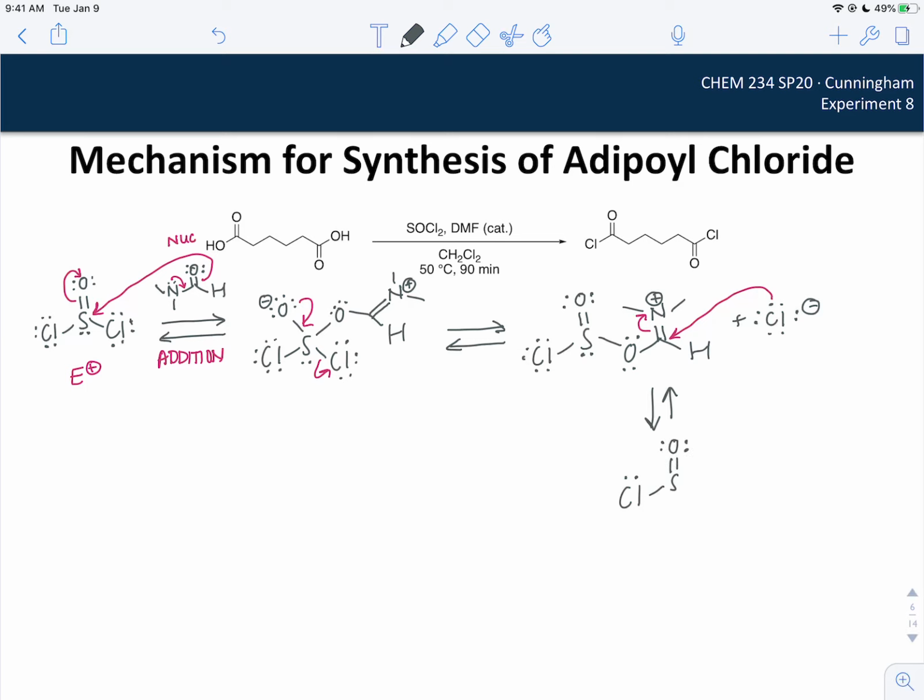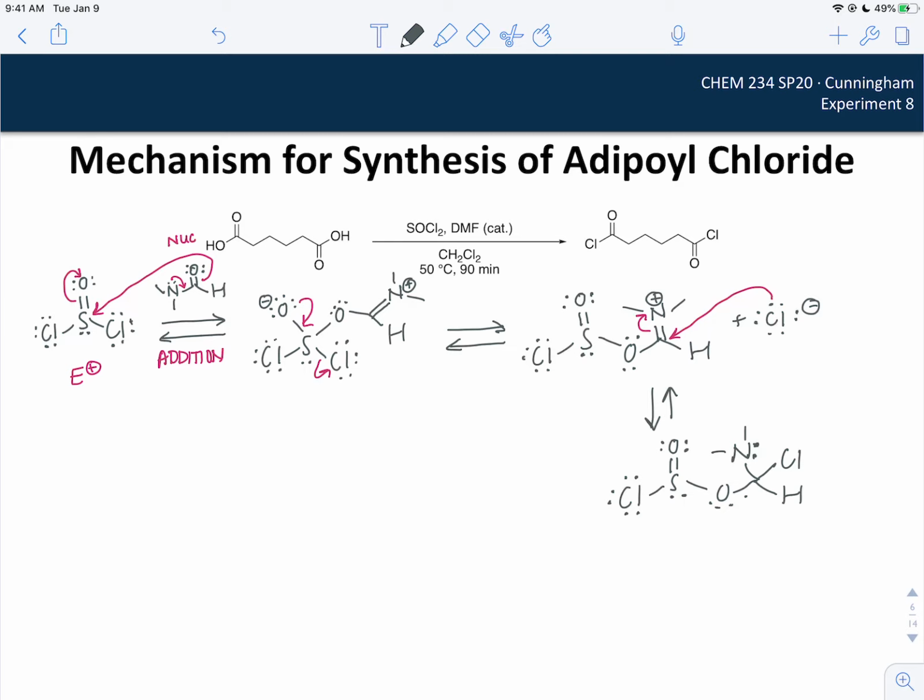So keep in mind the carbon atom here is going to be quite electrophilic. All right, so now we've managed to get that nitrogen atom some electrons.